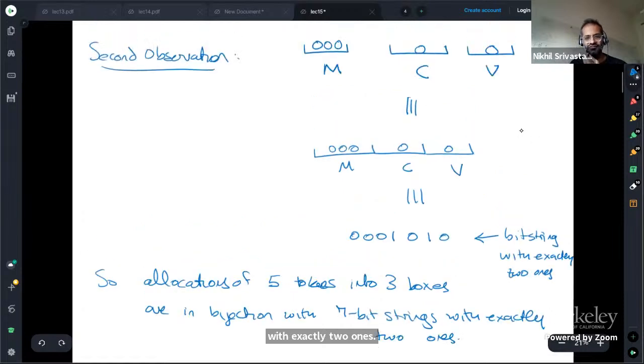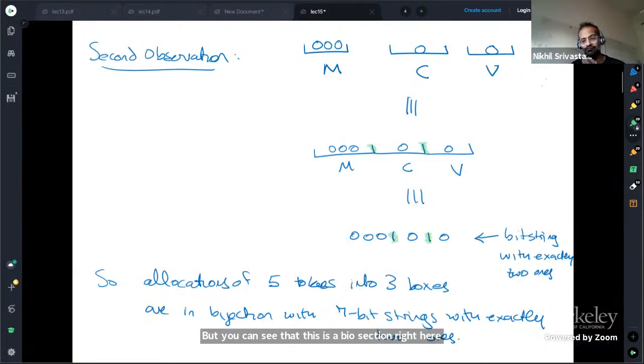Right? So these 2 ones are really special. They correspond to the dividers in the allocation in boxes. But you can see that this is a bijection, right? Each one uniquely determines the other one.